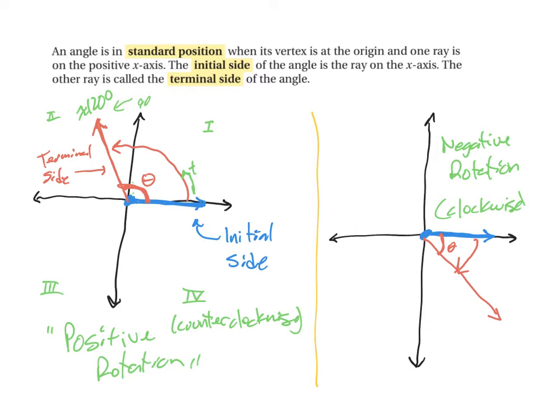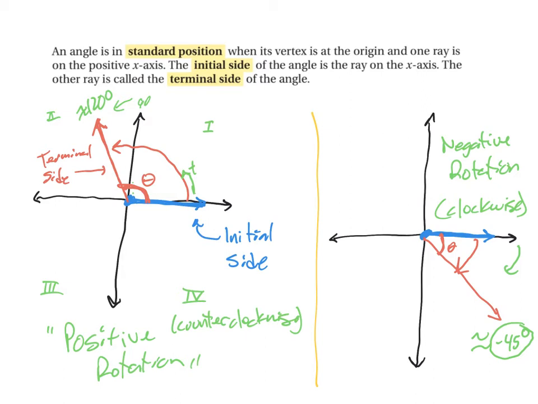When you start turning down from that initial position, that's a negative rotation. So this angle I've drawn might be something like negative 45 degrees. I went about halfway from the positive x-axis to the negative y-axis. The important piece here is that we've just made a negative angle.